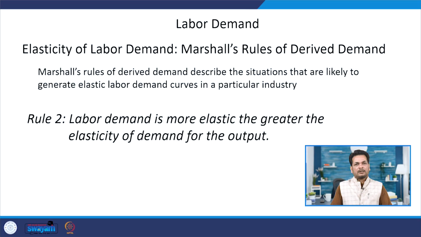Coming to rule number 2, the labor demand is more elastic the greater the elasticity of demand for output, which means if the demand for output in the product market is more elastic, then the labor demand is more elastic.